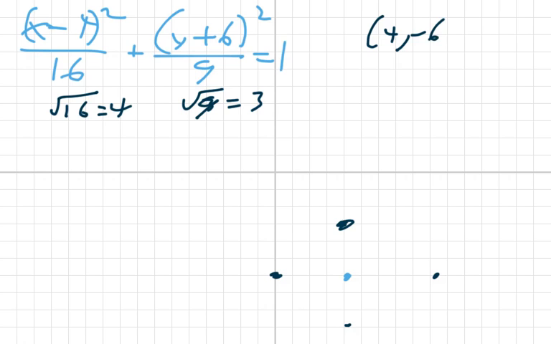And 4, -6, because those are h and k. So that was 4. And there's my graph for number 4.